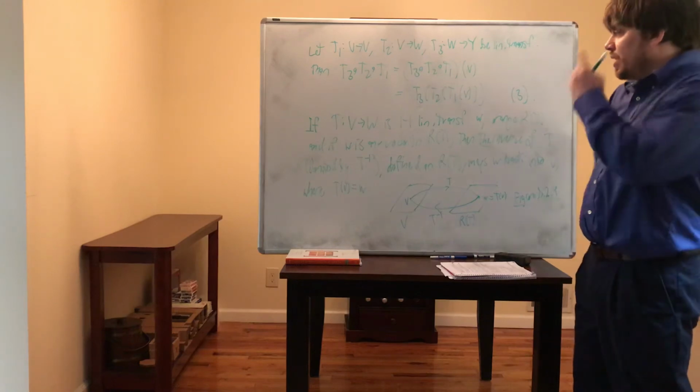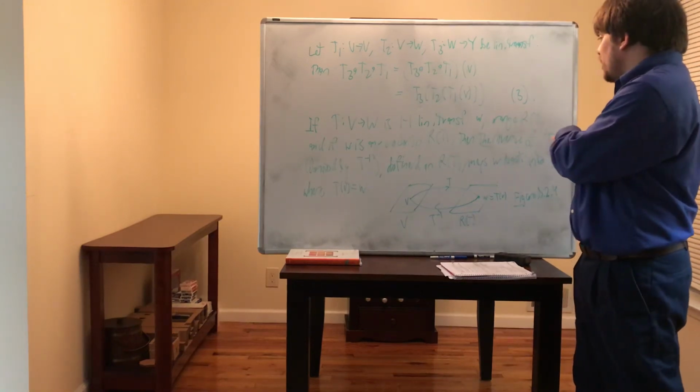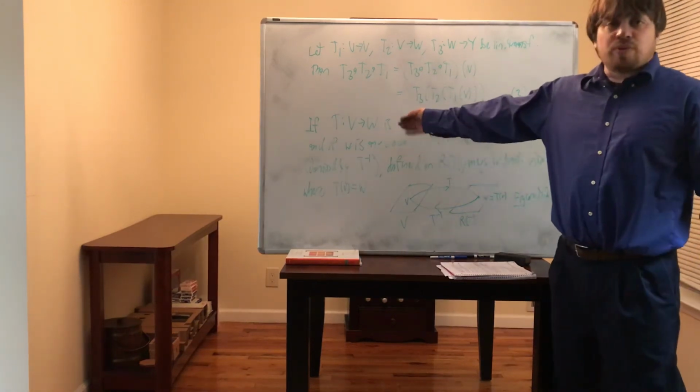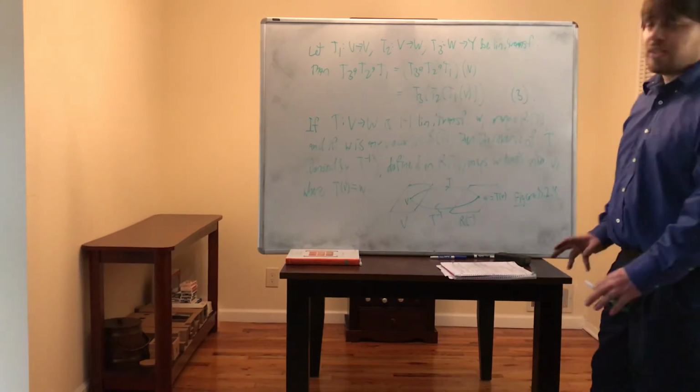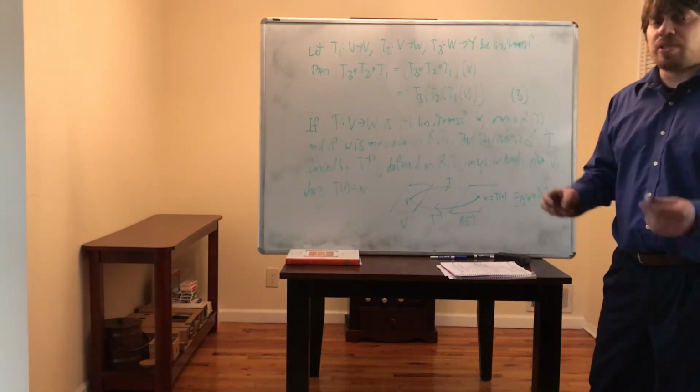Okay, so here T is a linear transformation with range R of T, but it's also one-to-one. We're assuming that T is one-to-one at the beginning. We need to assume T is one-to-one. If T is not one-to-one, it doesn't have an inverse.